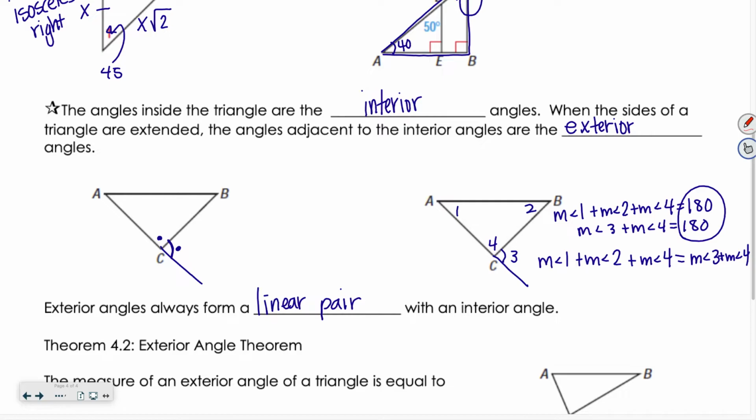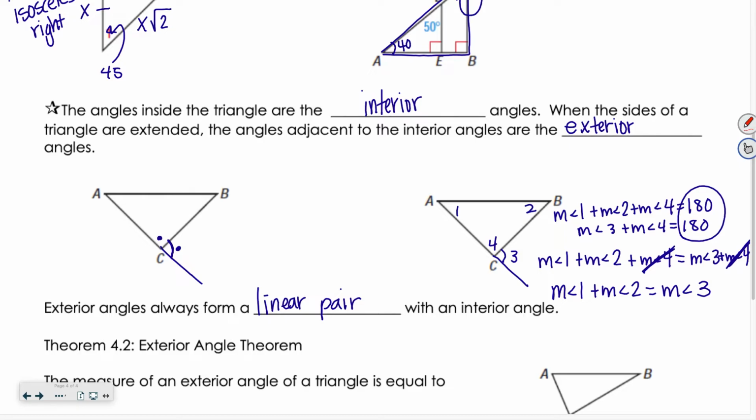Angle 4. So I could subtract that out and get rid of it. And I'm left with the measure of angle 1 plus the measure of angle 2 equals the measure of angle 3, which is the exterior angle theorem.